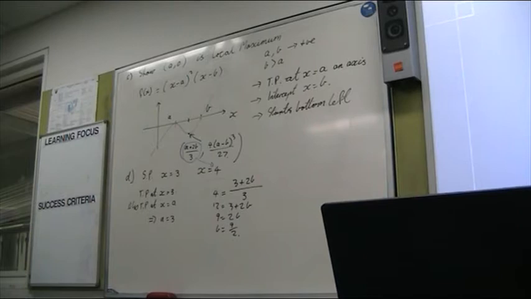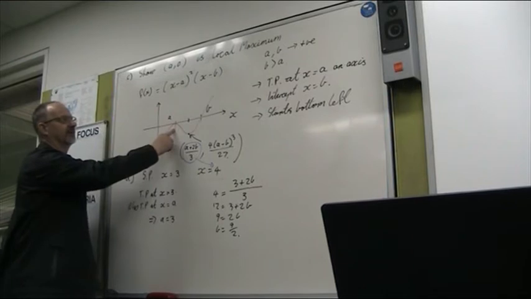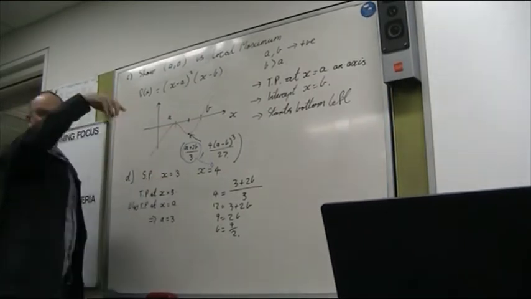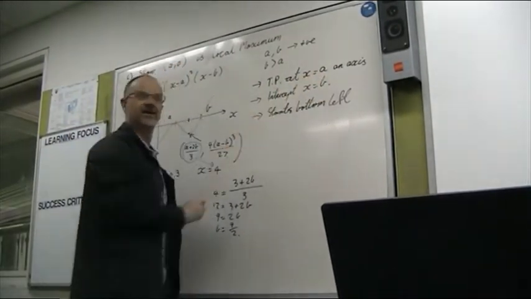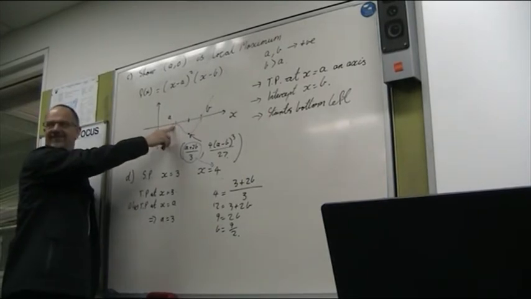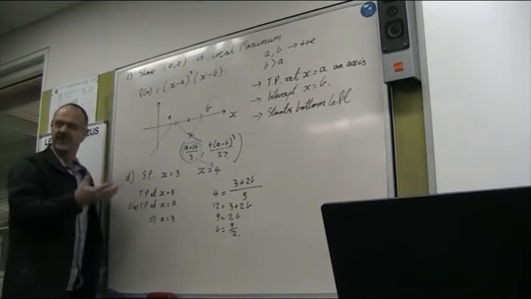Right, any questions on that? So if we substituted x equals 3 into the first equation, because we know there's a stationary point at x equals 3. We already found previously that there was a stationary point at x equals a, which is this one here. So x equals 3 and x equals a, well, a's got to be 3.